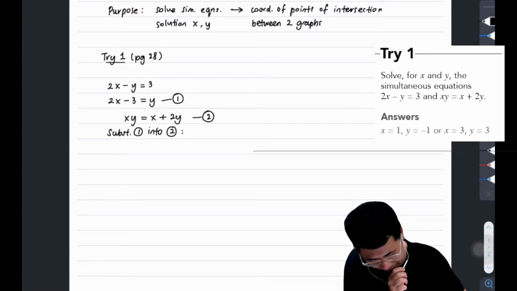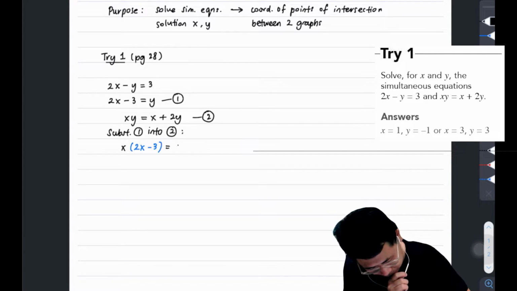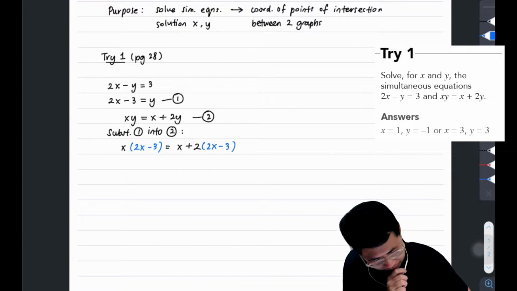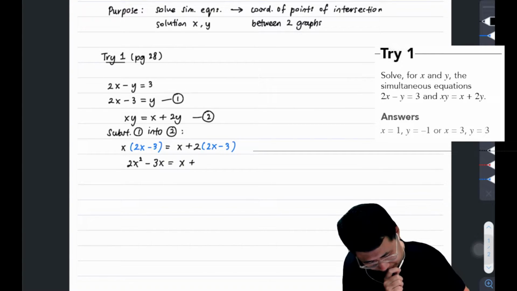Label properly. We have x times y, and y is 2x minus 3, equals x plus 2y. Again, 2x minus 3. So we expand: 2x squared minus 3x, x plus 4x minus 6.